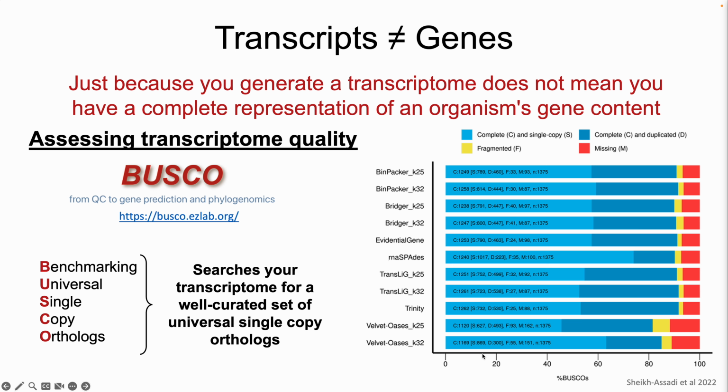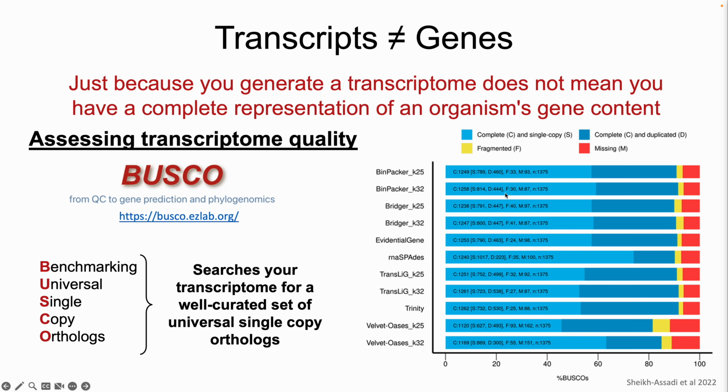So you might argue that for the Velvet Oasis K25 assembler, it doesn't really matter to know the difference between the assemblers, but the graph is telling you that's the worst one. Like it's missing the most. And all the data was the same going into this experiment. So this was to test how good is the assembler.